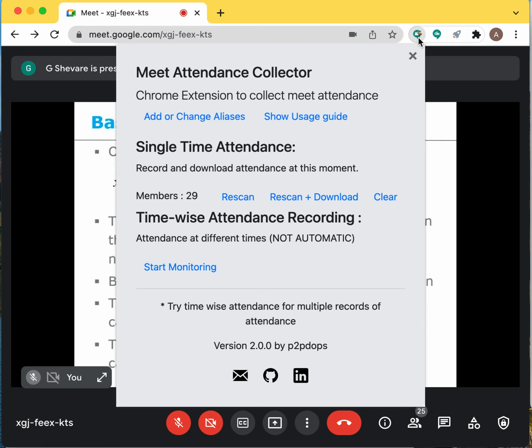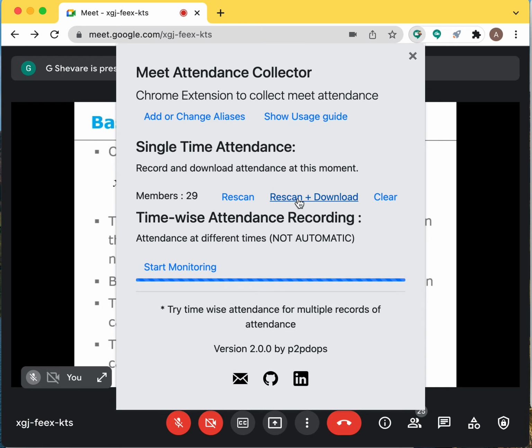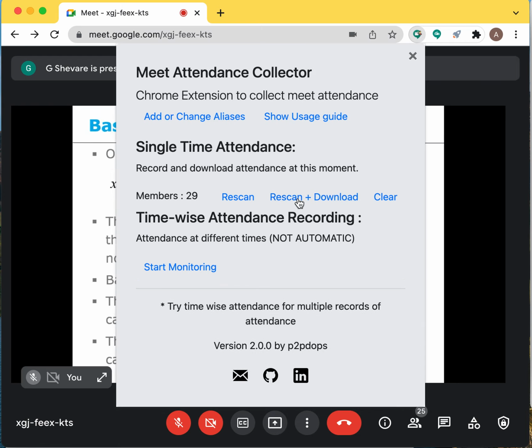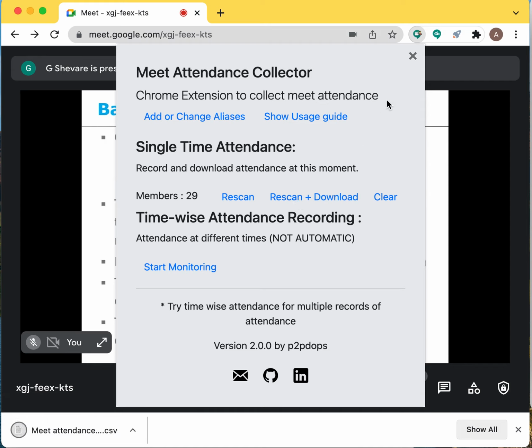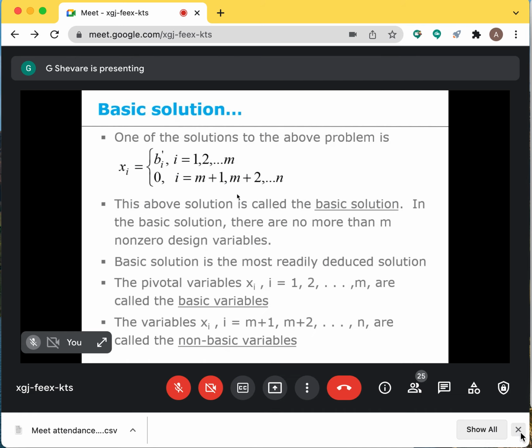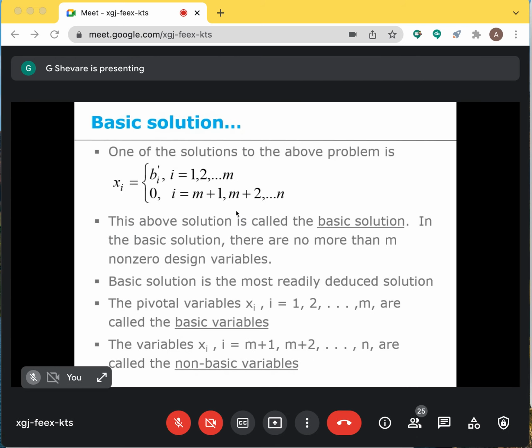Now this therefore becomes one of the designs of your original problem. This may not be the optimal design, but this is a feasible design. This design is something for which the value of J may not be minimal, but it is definitely a feasible design if all values of xi are positive.